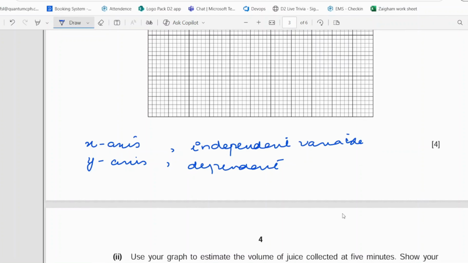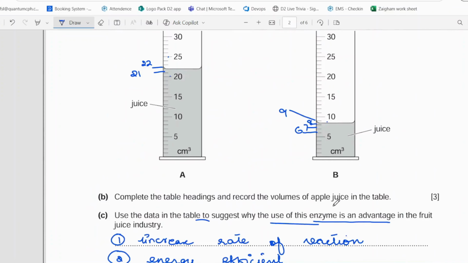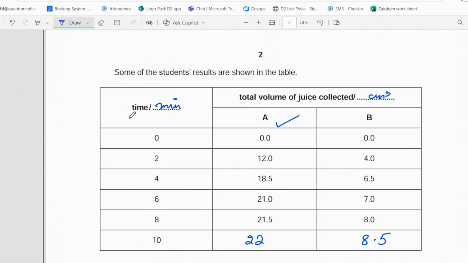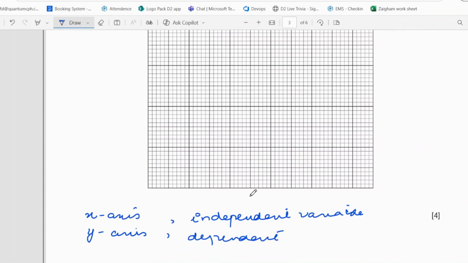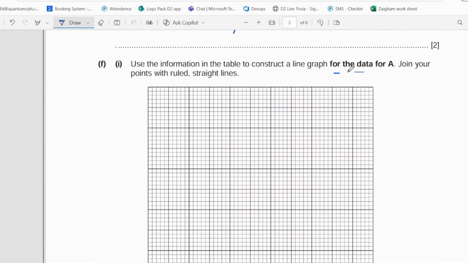Keep in mind the labeling should be related to this table, like time slash minute, and then you have to write total volume of juice collected slash cubic centimeter. And we have to draw the data for A only. Okay.